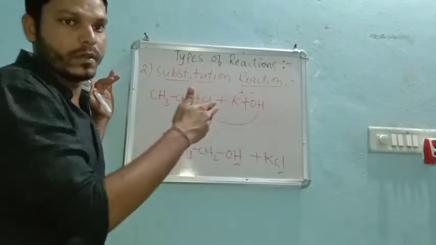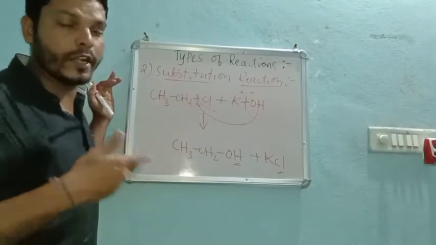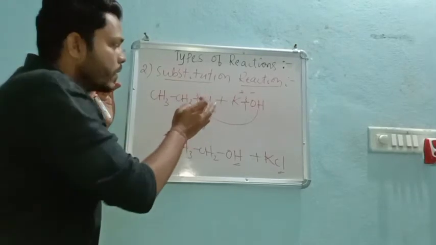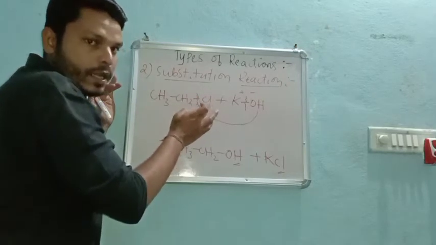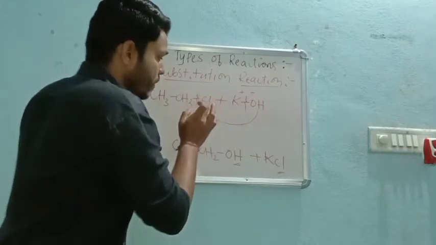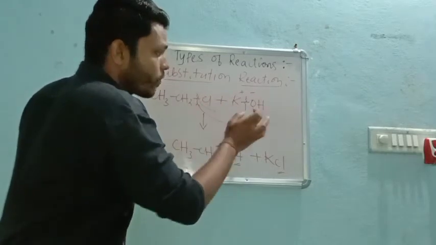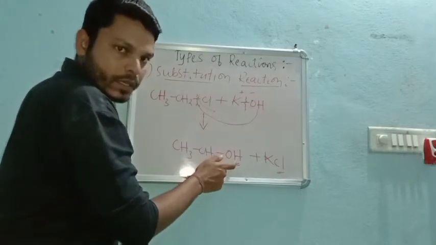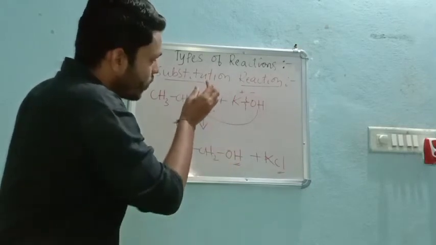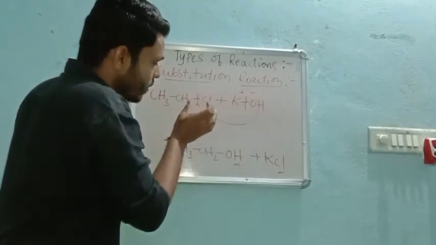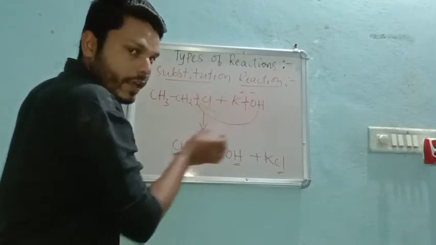Very simple. Again, in a simple way, if you are not getting it in terms of electronegativity, then I will make it clear now. See here, we have removed Cl, and Cl is nothing but a negatively charged species. In the place of Cl, what have we introduced? We have introduced an OH, right? That means we have removed Cl, and in the same place we have added OH.